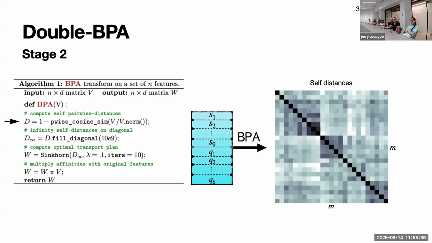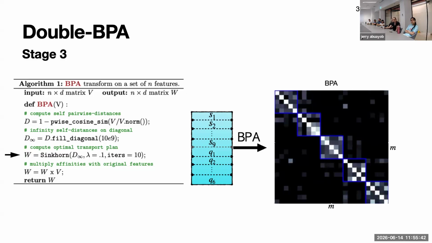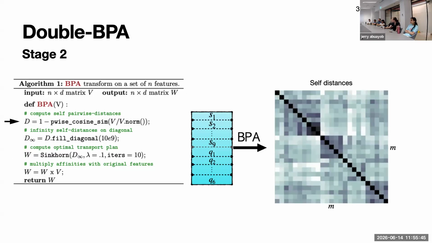For those that don't know optimal transport, over here the order of the features is a three-shot, three-way, two queries setup. So the first 6 rows are the supports, then the queries.